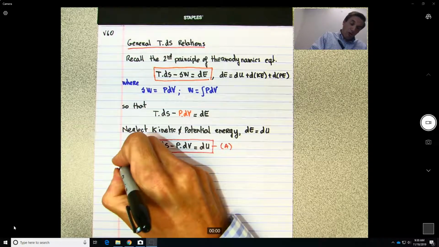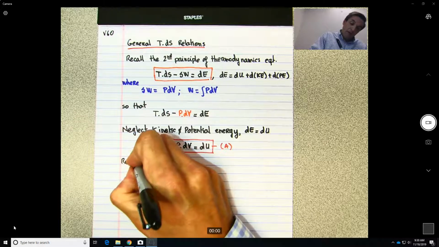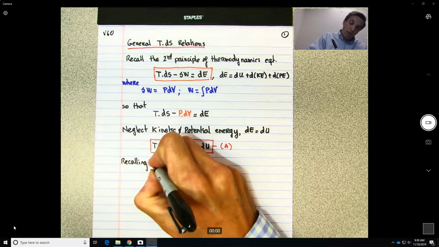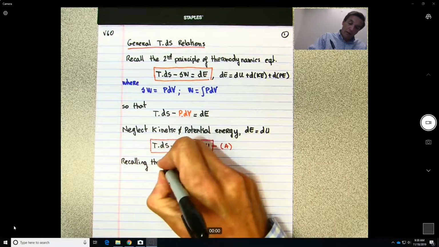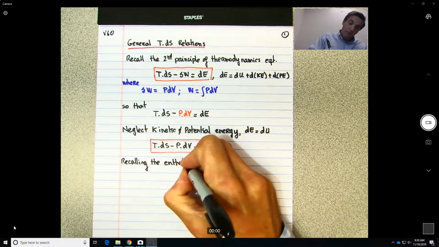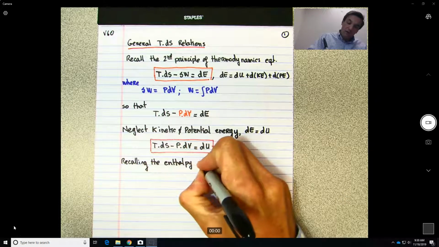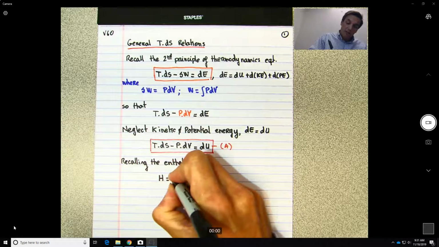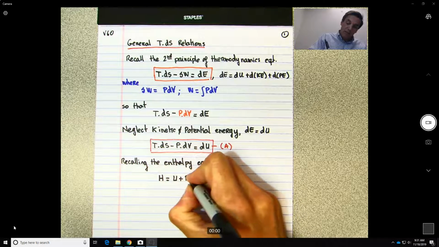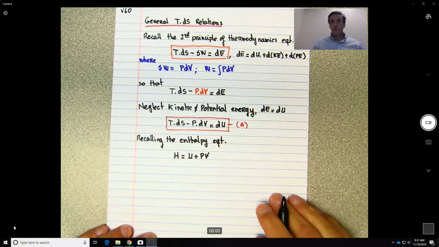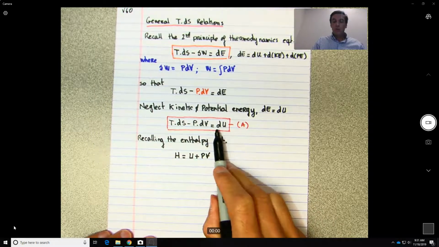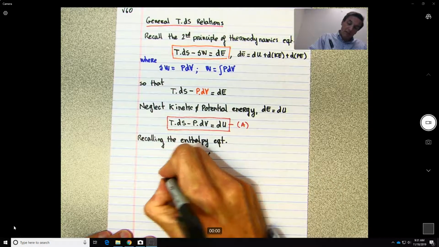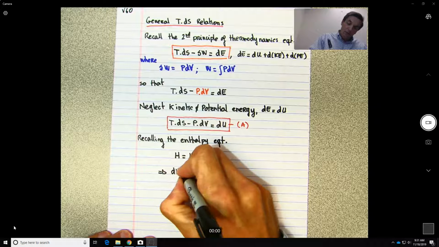Okay, but we can actually rewrite the same equation in terms of the enthalpy. So here we say, recalling the enthalpy equation, which is what? Enthalpy is equal to internal energy plus the work done by the pressure. Okay, so here we have the differential form. So we take the derivative of this, what do we have?